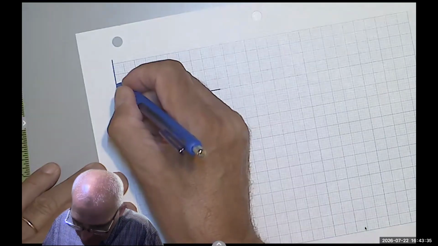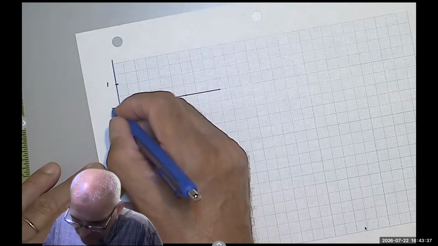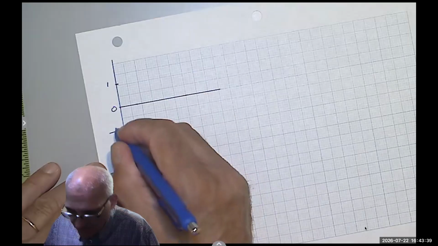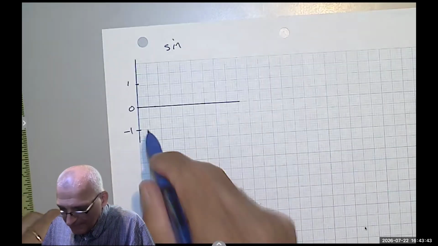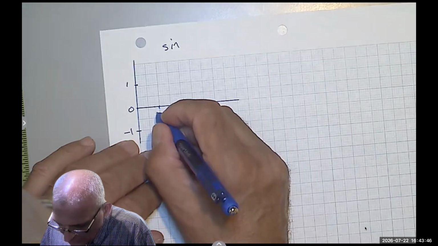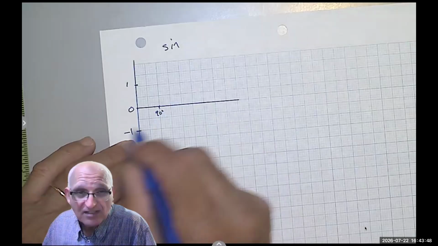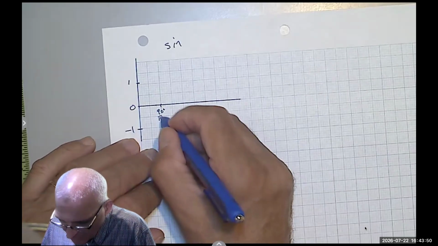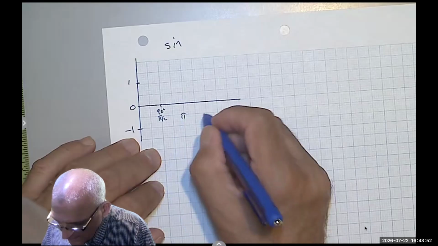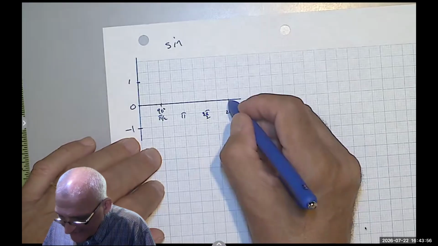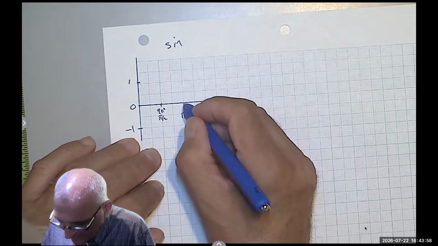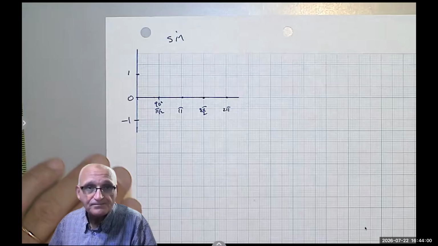So I'm going to say this is 1, this is 0, and that's -1. So the sine curve. I'm going to say this is pi over 2 or 90 degrees. We prefer to write it in radians, by the way. So pi over 2, pi, 3 pi over 2, and 2 pi. That's a whole cycle because after 2 pi, we return back to 0.